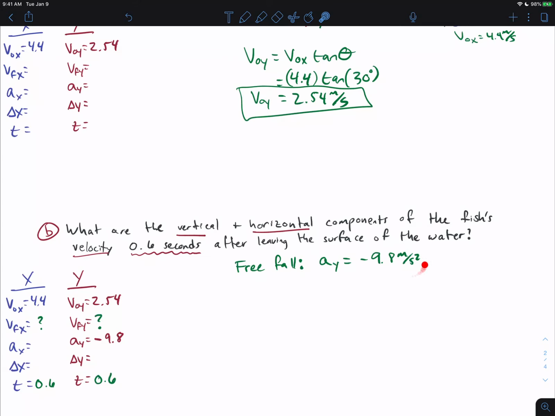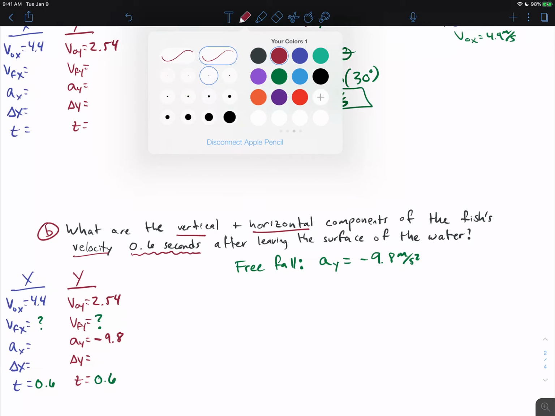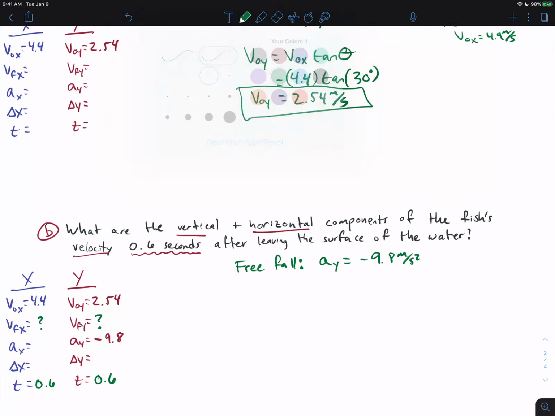There's only this vertical acceleration, only this vertical force that we're going to start talking about in our next modules, right? So this makes this very easy for us, because not only do we know that our acceleration is negative 9.8 meters per second squared in the y direction, we know that in the x direction we have 0 meters per second squared, right? Okay, so I'm leaving off the units here, but if this confuses you, please just let me know. We can go a little bit slower and I can include these units. I'm just being a little lazy here.